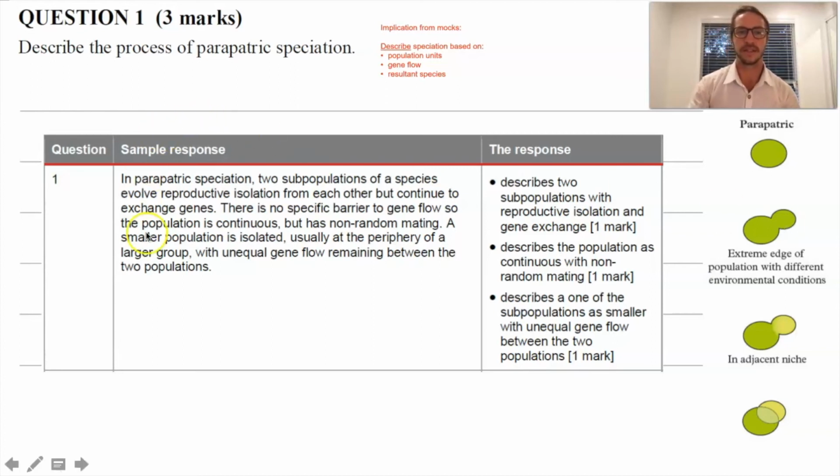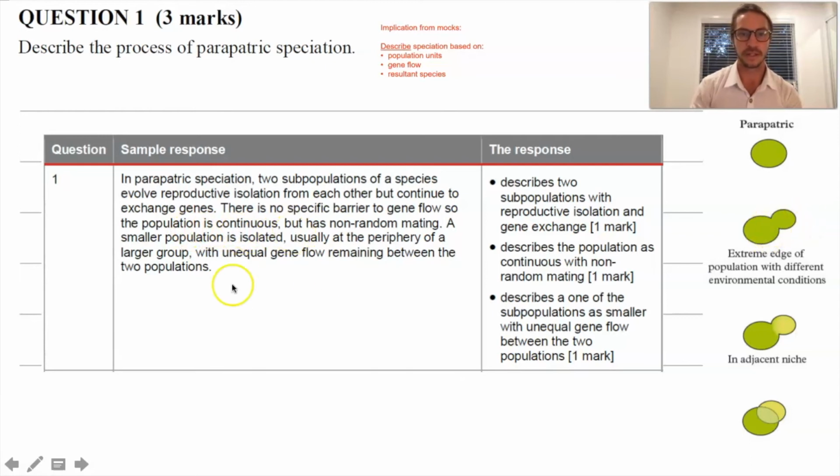So here is their response. In parapatric speciation, 2 subpopulations of a species evolve reproductive isolation from each other, but continue to exchange genes. Why? Because there's no specific barrier to stop that gene flow like there would be in allopatric. So the population is continuous.